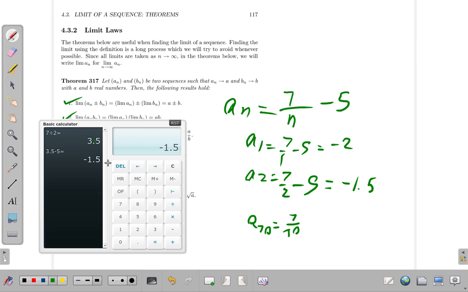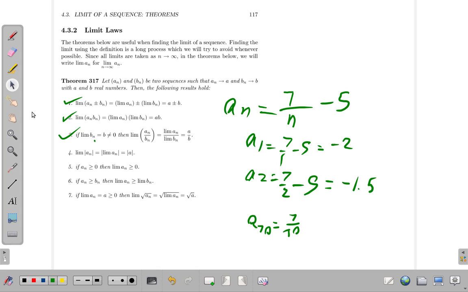Whenever I have the calculator on, it slows down everything, so let me remove it. Alright, I can write faster now. 7 over 70 minus 5 is equal to 1/10 minus 5. What is 1/10 minus 5?